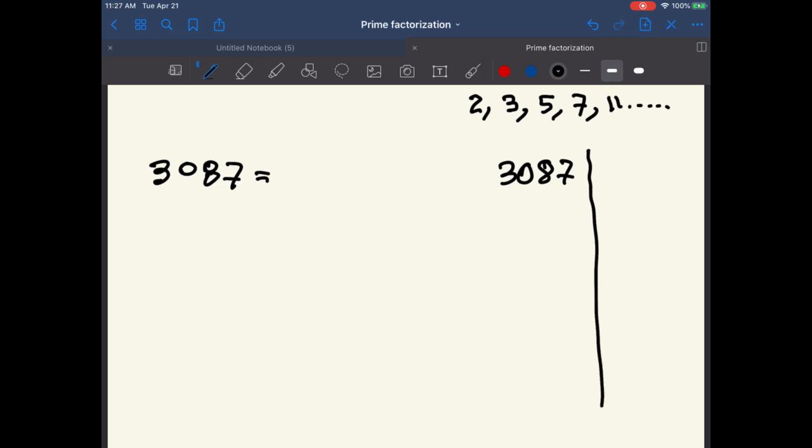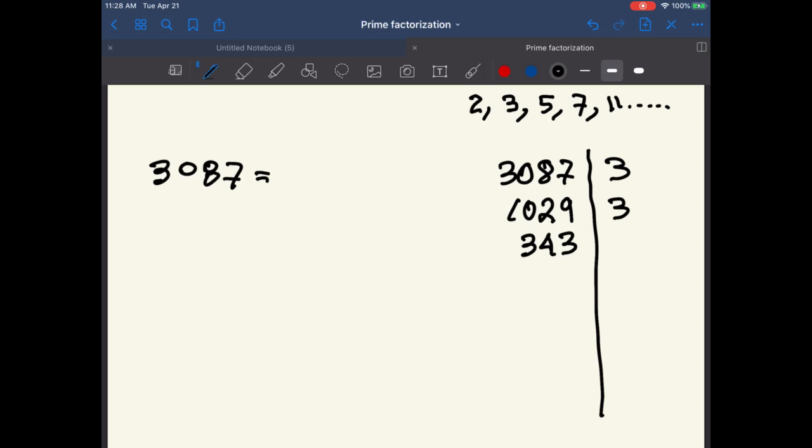You see that this number is not divisible by 2. Now I need to try, is this divisible by 3? When you divide by 3, it's 1029. And you divide by 3 again, it's going to be 343. And now you need to try, is this divisible by 3? When I add the digits, 4 and 3 is 7, and 3 is 10. 10 is not divisible by 3.